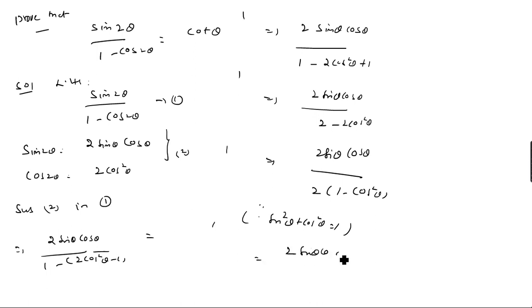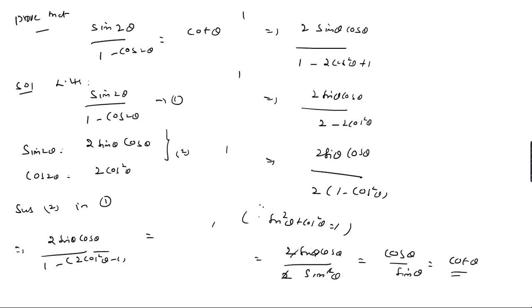So we get 2 sin theta cos theta by 2 into 1 minus cos square theta, which can be written as sin square theta. So 2 will be cancelled, one sin is cancelled. So we get cos theta by sin theta. Cos by sin is nothing but cot theta, which we needed to prove.